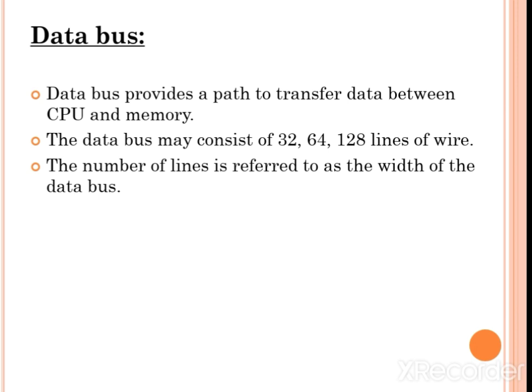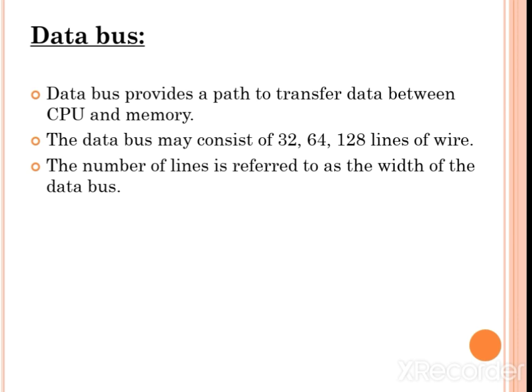Let's see the first type of internal bus, that is data bus. Data bus provides a path to transfer data between CPU and memory, and the bus may consist of 32, 64 and 128 lines of wire. The number of lines is referred to as the width of the data bus.